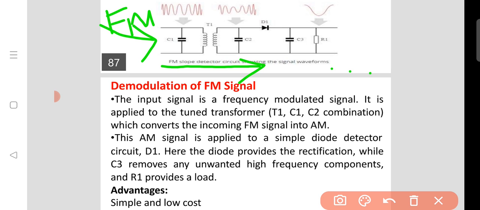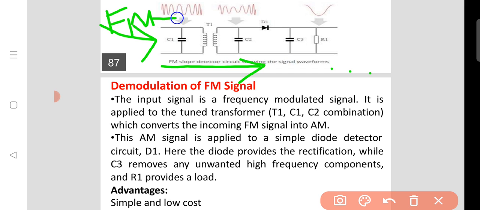We know that, in that there is also a voltage component. And that voltage component variation is considered as nothing but a frequency deviation. So that signal is applied over here.